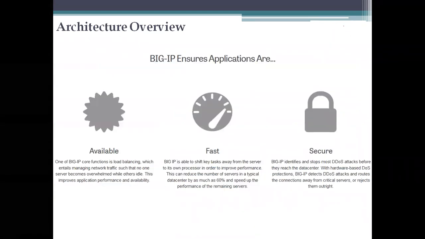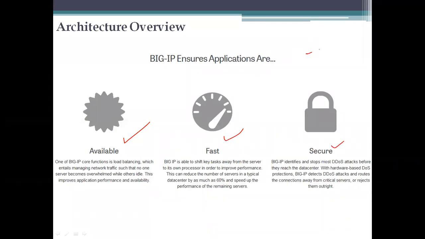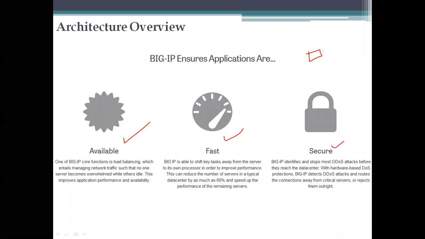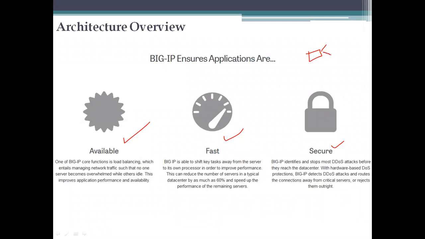What F5 does is ensure the application is always available, fast, and secure. So they use the three rules. Behind the F5 are the backend servers, and the application is actually working there. When the user hits here, it actually hits the F5.